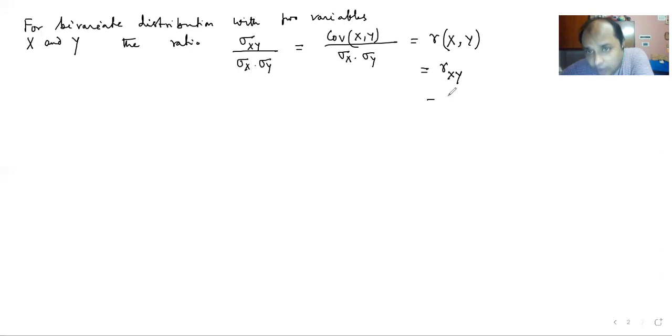This ratio is called Karl-Pearson's correlation coefficient.